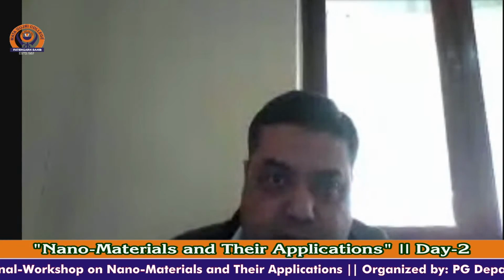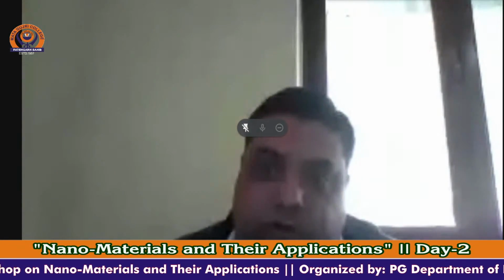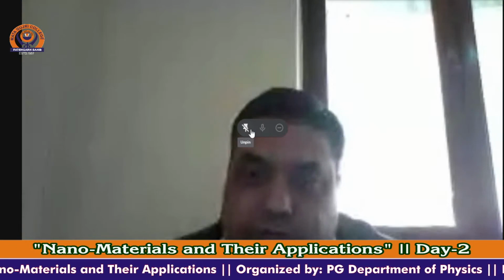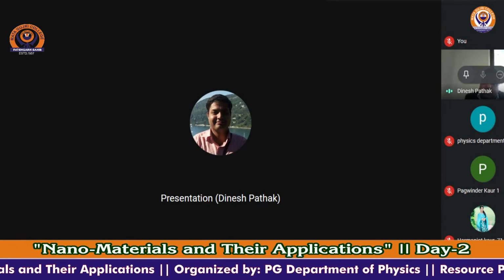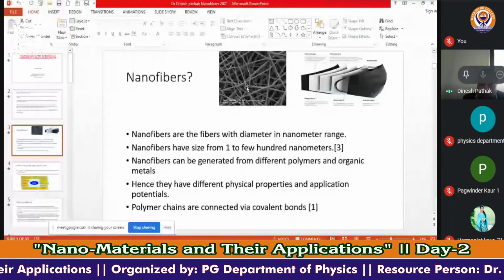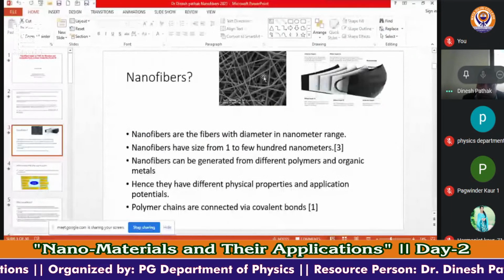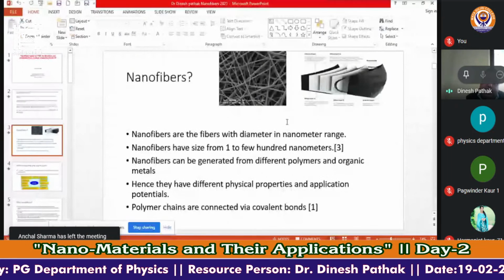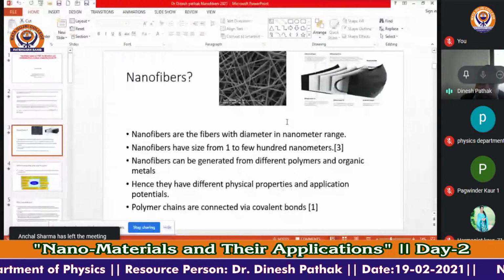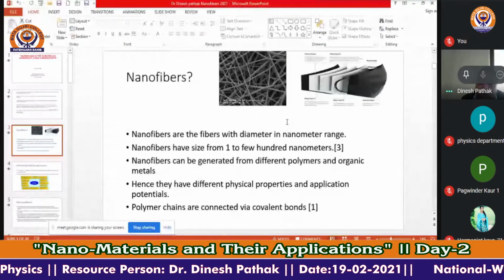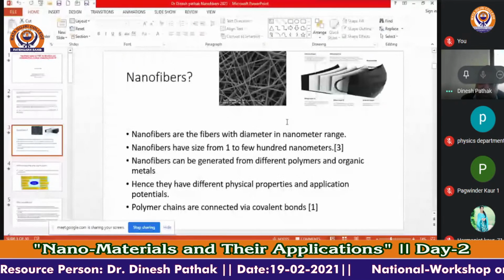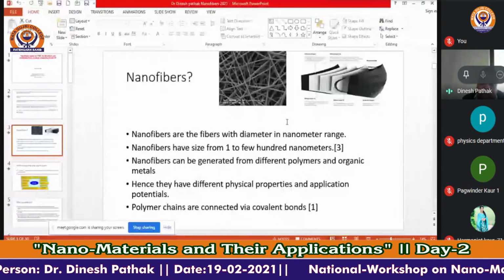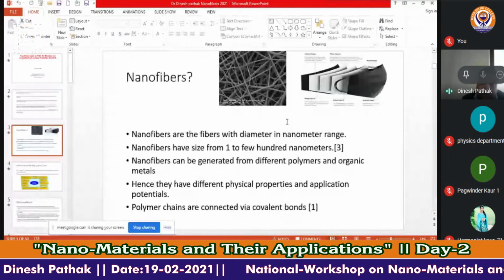So what are nanofibers? In this present PPT, you may be watching at the top a scanning electron micrograph of a material which looks like threads. If you look with the naked eye, you will see nothing. These are materials having a fiber-like structure, and the fiber diameter is less than 100 nanometer.